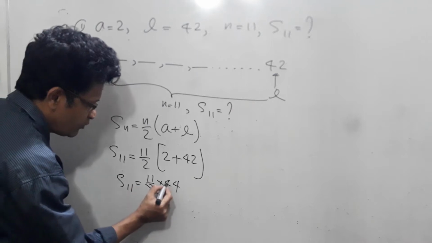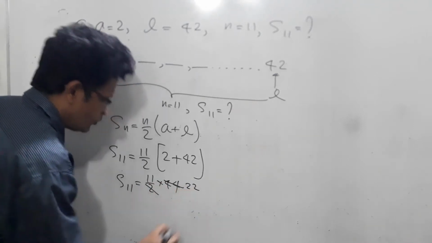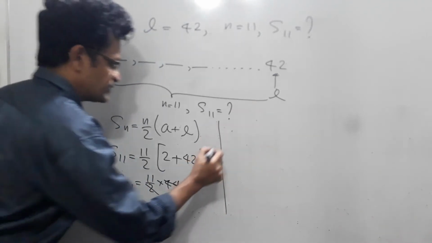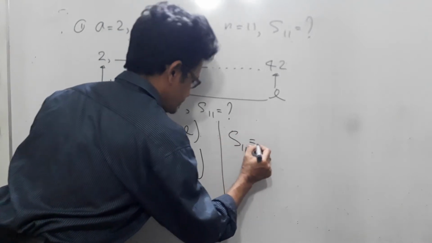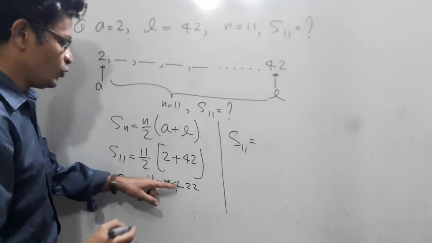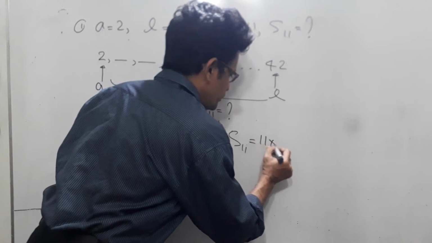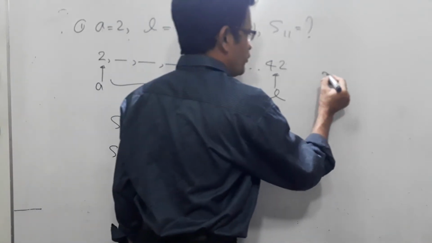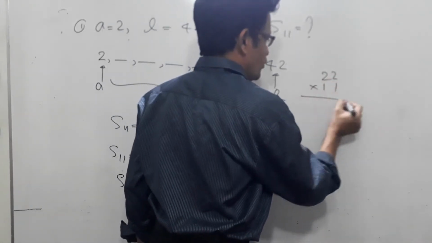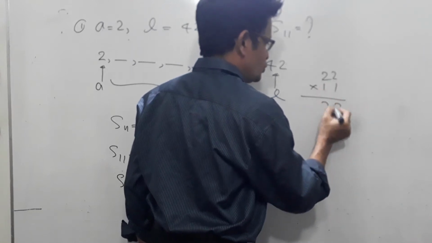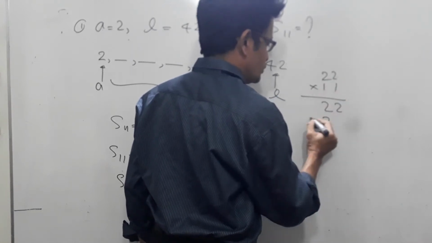Now 2 and 44 you can cancel, giving 22. So S11 equals 11 multiplied by 22. Now if you multiply 22 and 11, what is the answer? 1 times 2 is 2, 1 times 2 is 2, 1 times 2 is 2.